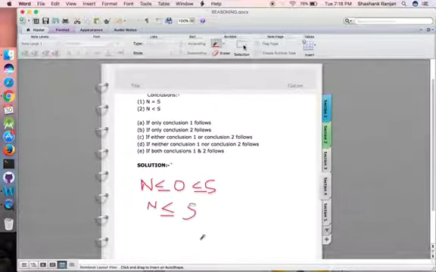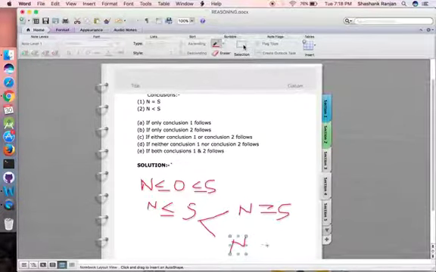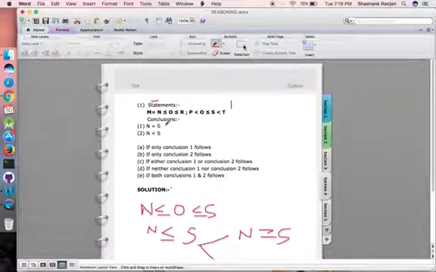So we can also say in the other way that n is equal to s and n is smaller than s. So here we see that we have to move from n to s or s to n. In this conclusion, both are at the entry point.